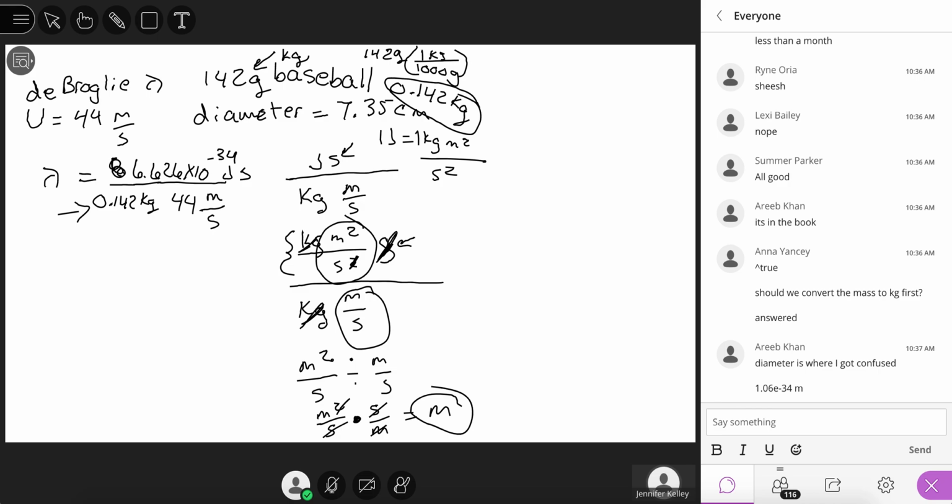When you put it in your calculator, don't forget to use parentheses around the denominator. And then the answer you get, awesome. We've got that right there, 1.06 times 10 to the negative 34 meters.